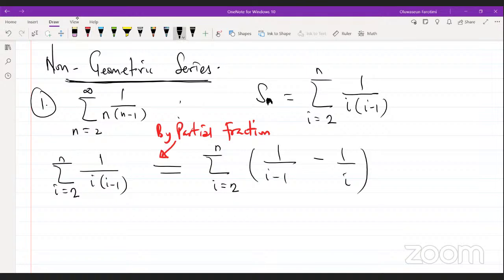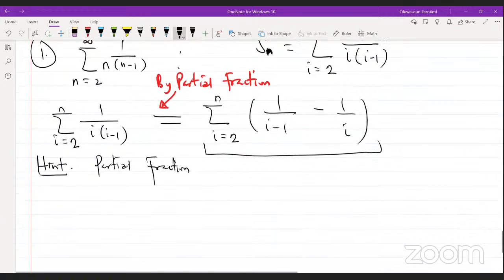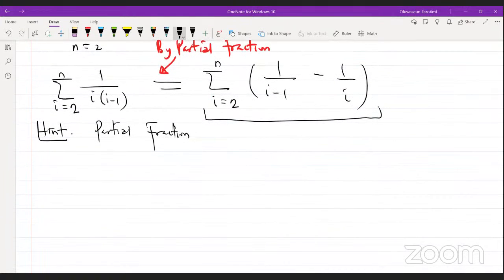So what do we do? I'm now going to work with this. So let me just give you a hint on the partial fraction. I'm not going to solve it because we already studied that. So you pick 1 divided by i minus 1. What type is this? This is linear, right? Linear factorizable.